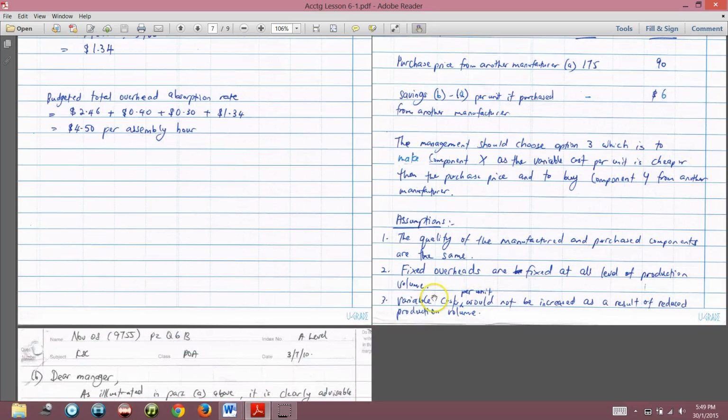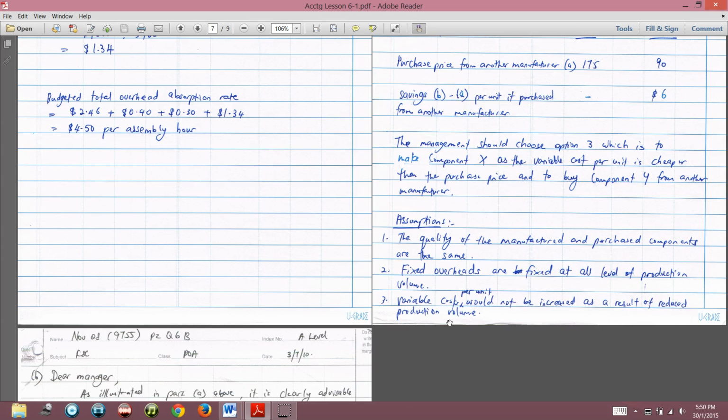Okay, so we are assuming variable cost per unit would not be increased as a result of reduced production volume. This is our assumption, because in reality the variable cost per unit could be increased if we reduce the production volume, because the supplier may charge us more because we buy less.